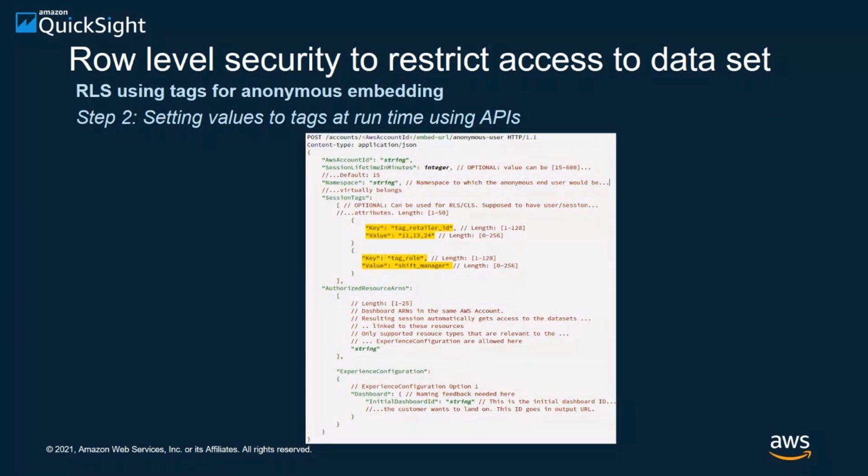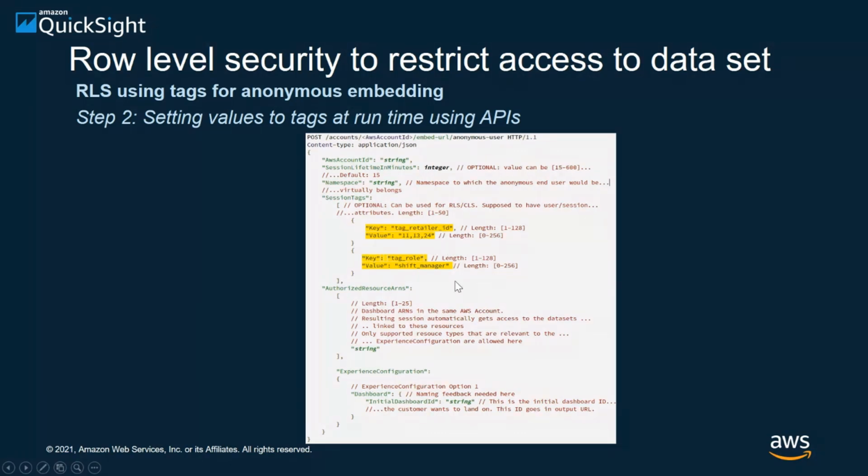So using our new embed post API for anonymous embedding, you can define the values to those tags the way I have shown you here, which is highlighted in yellow. For the tag retailer ID, I'm passing values 11, 13, and 24. And you can see I'm using comma as my delimiter.